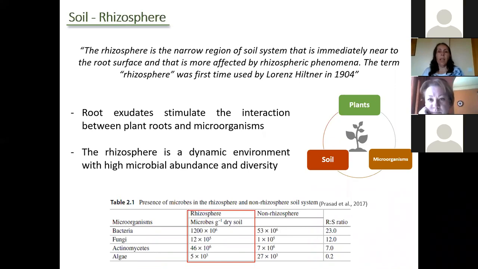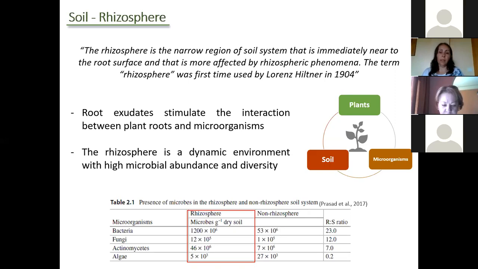Several authors have studied the rhizosphere and non-rhizosphere soils and looked at the diversity and abundance of several groups of microorganisms. Here in this table, you can see just an example of the abundance of certain groups, including bacteria and fungi, in the rhizosphere and non-rhizosphere soils.